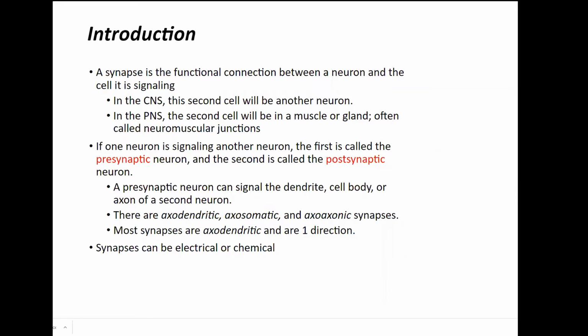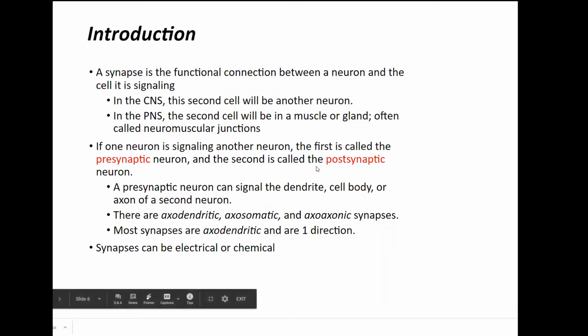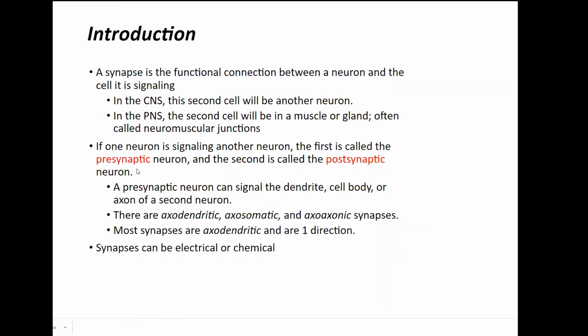Okay, so we can name what part of the postsynaptic neuron is receiving the signal. We can say that the synapse is occurring between the axon of our presynaptic neuron and the dendrite of our postsynaptic neuron, the axon of our presynaptic neuron and the soma, the cell body of our postsynaptic neuron, or the axon of our presynaptic neuron and the axon of our postsynaptic neuron.